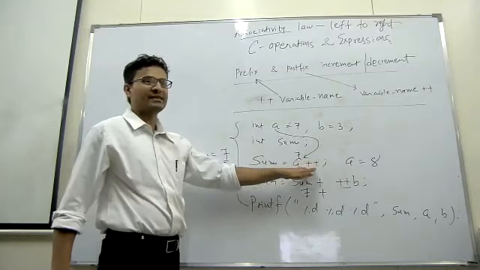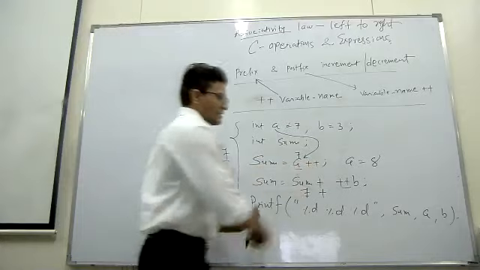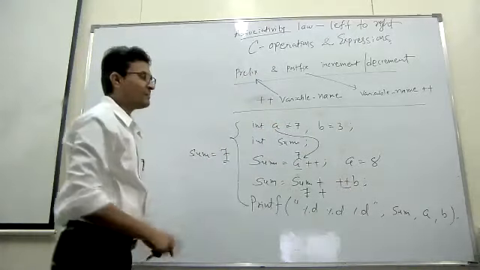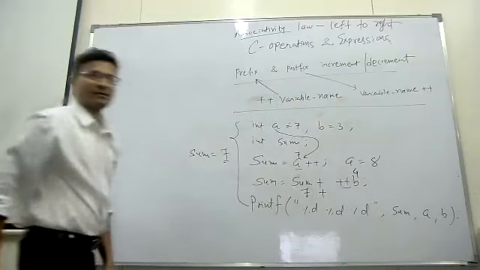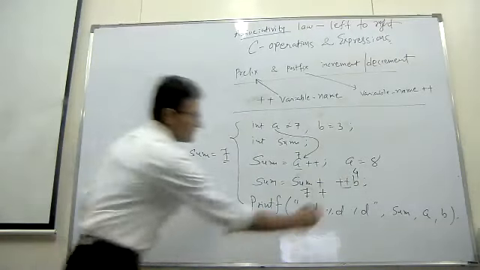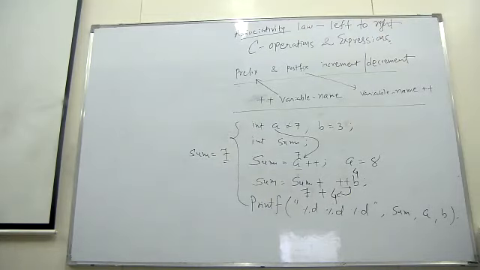In postfix, it will assign first, then increment. Here it will increment first. So the value of B is 4. Then it will assign 4 to the expression.